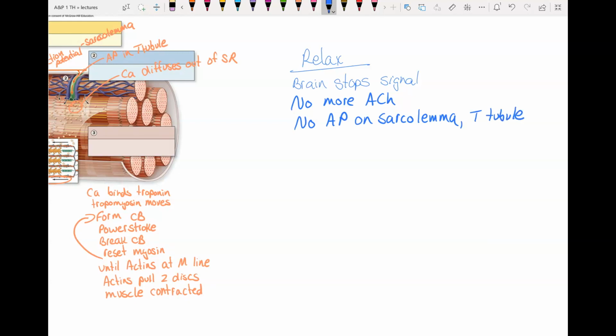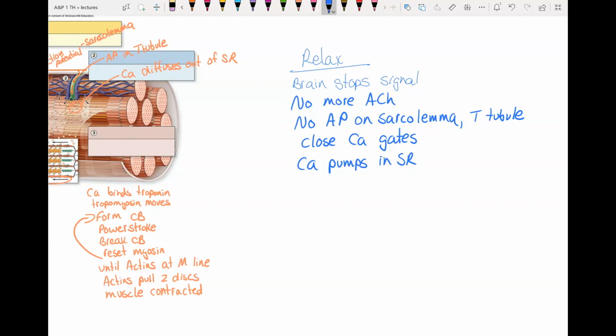Now you close the gates on the sarcoplasmic reticulum and the terminal cisternae. Okay, then remember back in chapter 4, pumps that move substances against their concentration gradient and make them more concentrated. So now you will use calcium pumps in the sarcoplasmic reticulum to gather all that calcium back up.